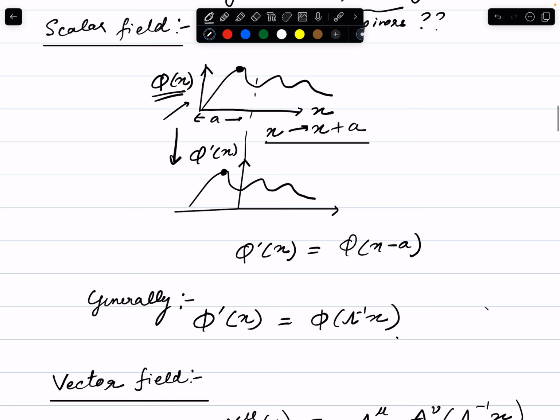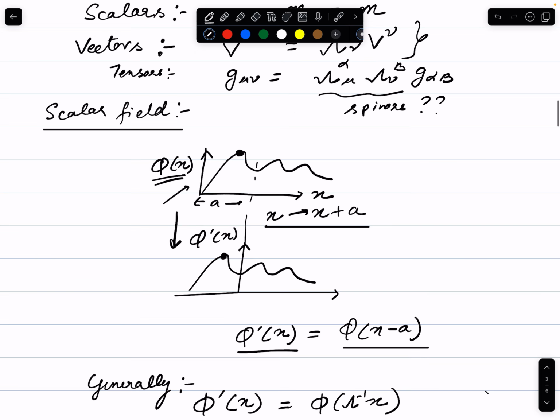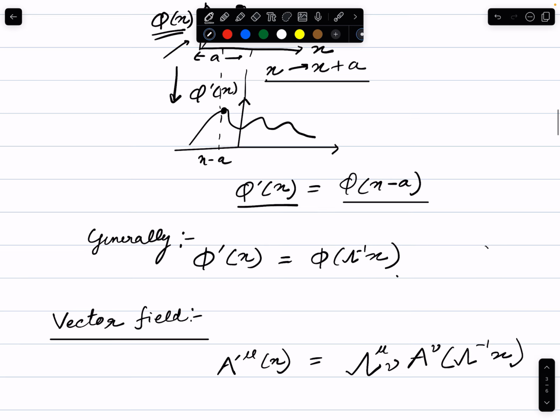The only thing changed is that I am in this new coordinate system, and so I should have the field in this coordinate, phi prime of x. So phi prime of x should be phi of x minus a, because you can see here that in this coordinate system this is some x minus a. So this is how I have a change which is only axial for the field.